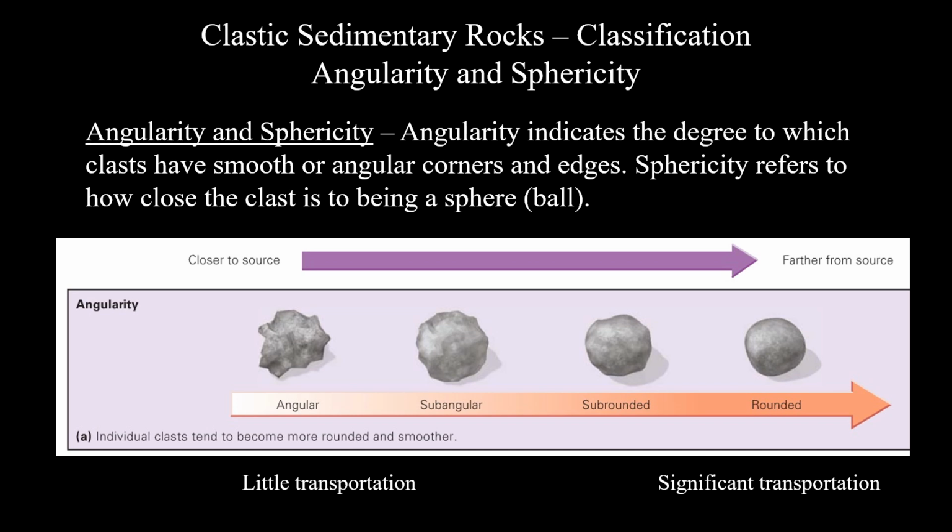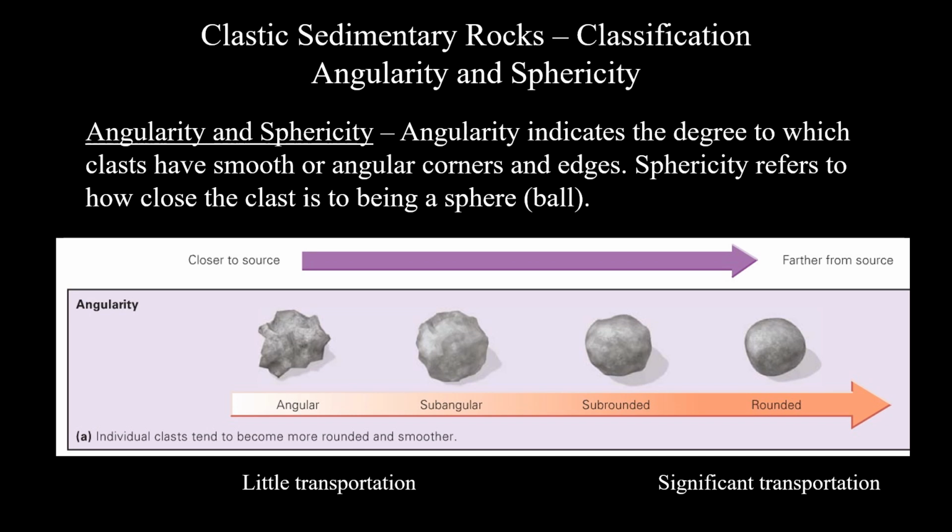Much of that comes from this process of angularity and sphericity. The conglomerate rocks that we find on Mars appear to have rounded edges. Those rounded edges are likely the result of a pebble rolling down a stream in the presence of water. As it does that, it fractures its sharp edges and grinds down into a more spherical shape.